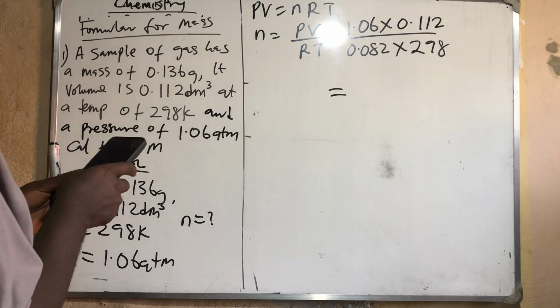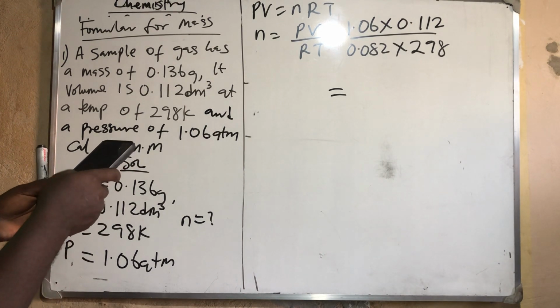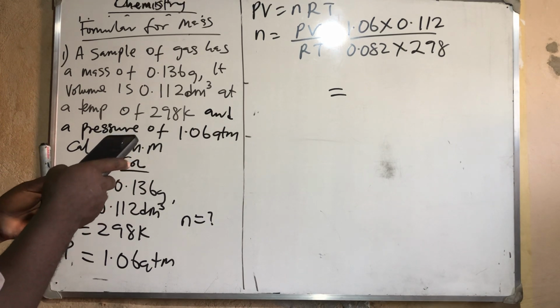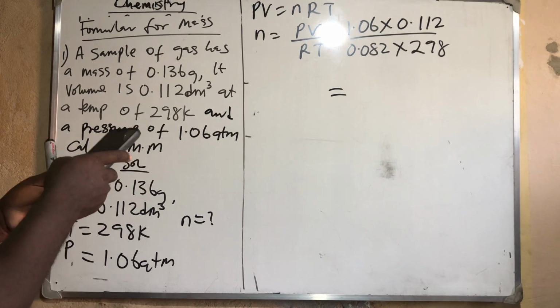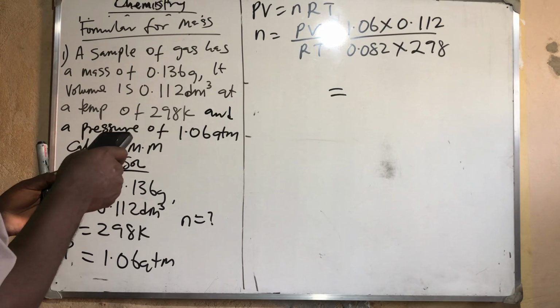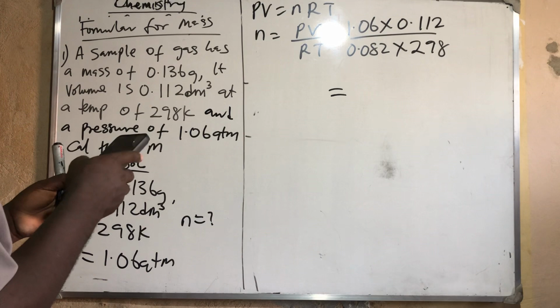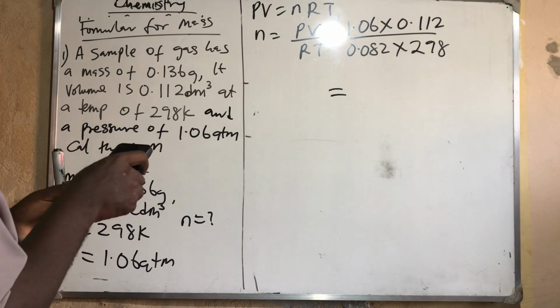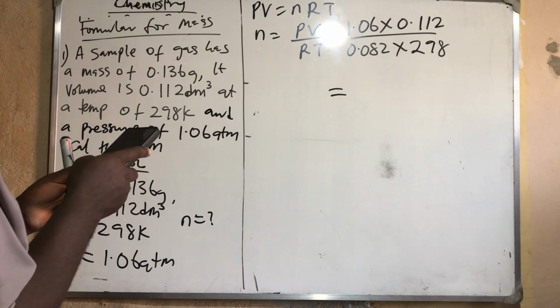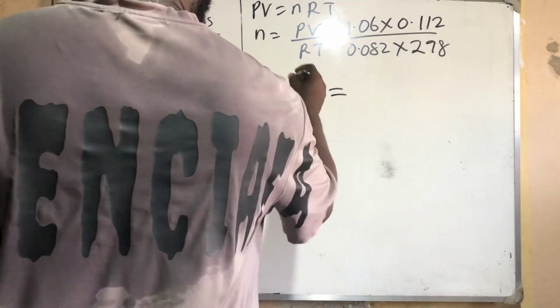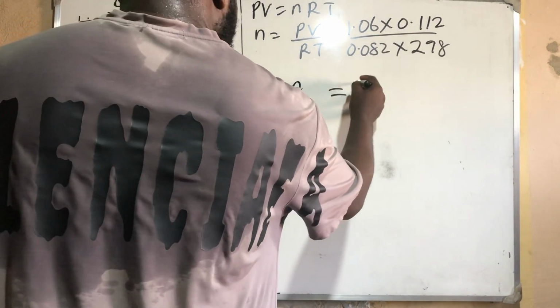You're going to have 1.06 times 0.112, divided by 0.082, divided by 298.